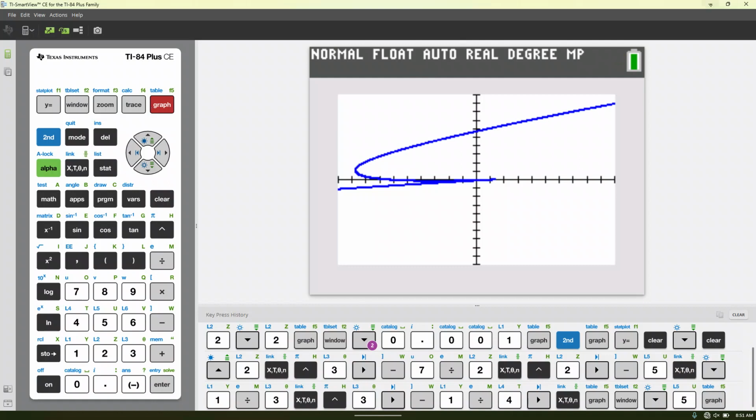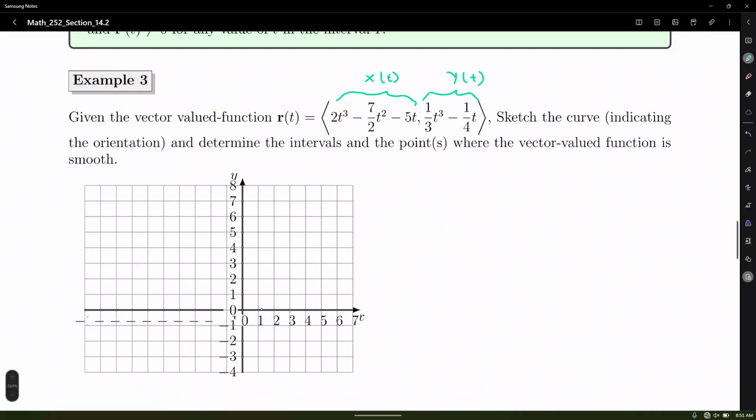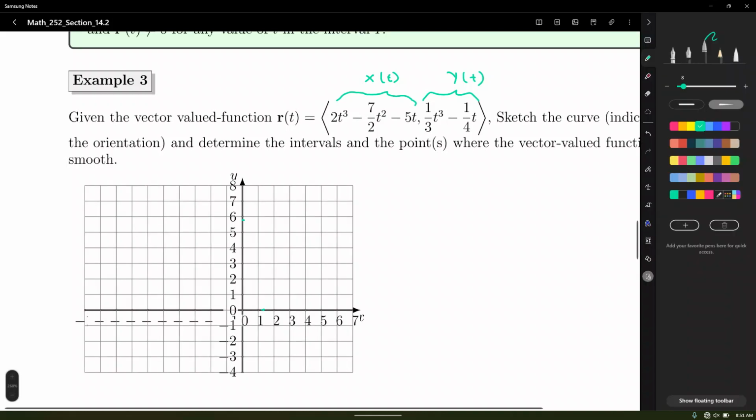So let's try our best to plot. It's about 1 point something, and then 1, 2, 3, 4, 5, almost 6. So here, it looks a lot like a straight line, and then this curve right here.